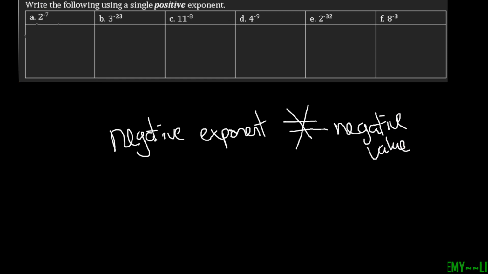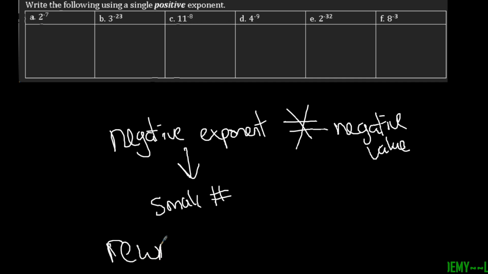You might have some that have a negative value, but it's not always going to mean a negative value. A negative exponent just means a small number. So the way we can write it is like this. For example, we're going to rewrite it as a fraction.